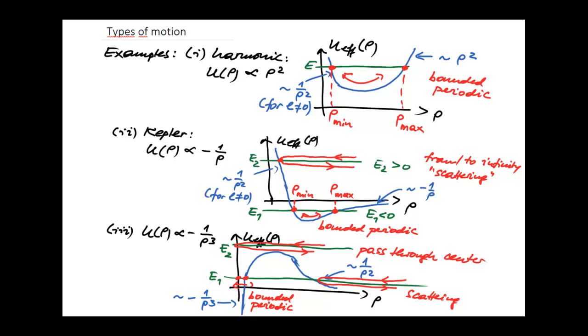So while in a normal scattering process, the body will approach the center of the potential only up to some finite minimal distance, in this case, the body will actually pass through the center of the potential. It might be deflected, so it's not a straight line, it might be deflected by some angle, but it's actually going through the center of the potential.